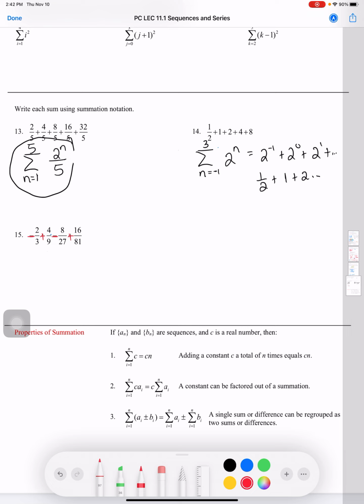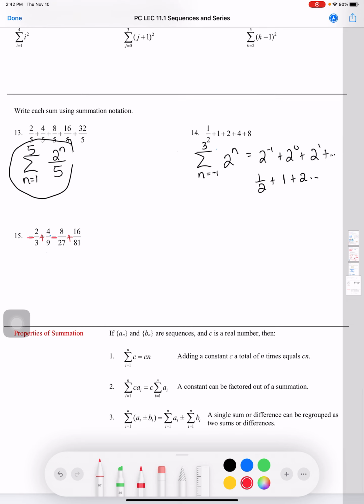If I square 2/3, I get 4/9. If I cube it, I get 8/27. So the only thing I have to remember there is that my sign is changing. And if you go back in our notes, we discussed what causes that sign to change. So let me go ahead and write my sigma notation.